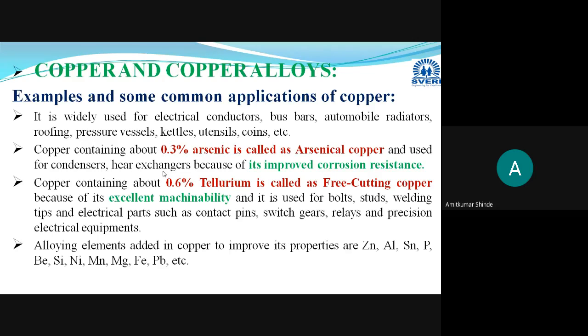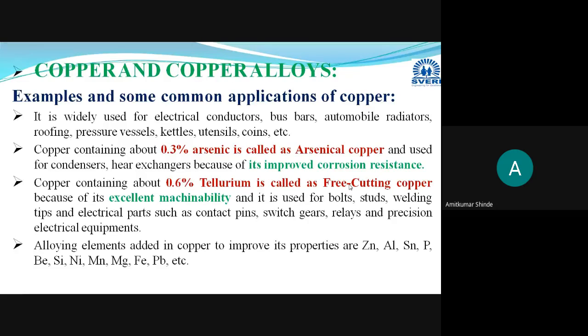Now if you add 0.6% tellurium to copper, what will happen? Due to the addition of tellurium, the machinability improves. It provides excellent machinability, and due to this it is termed free cutting copper. You can perform machining operations very easily due to the improved machinability.